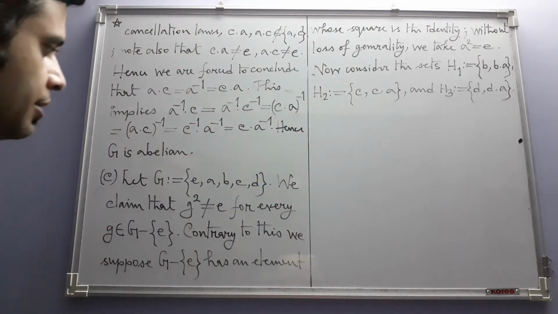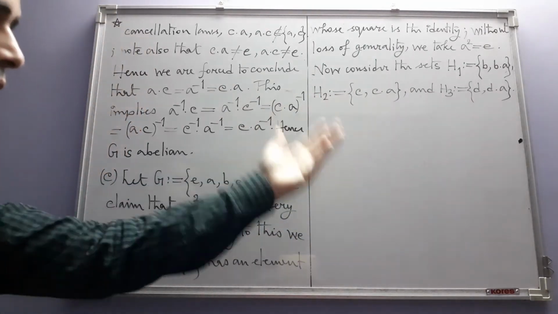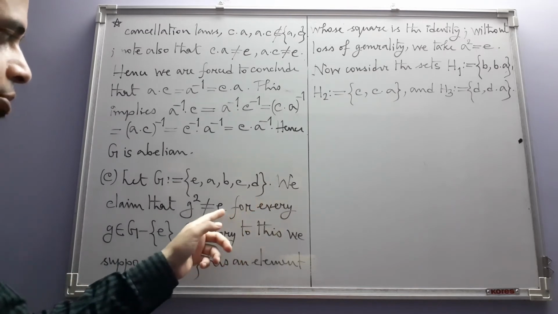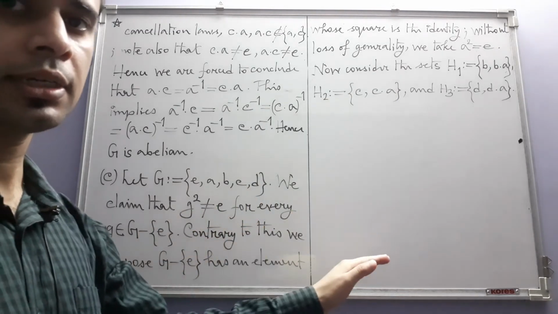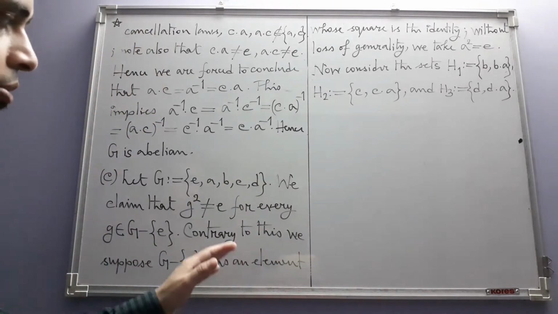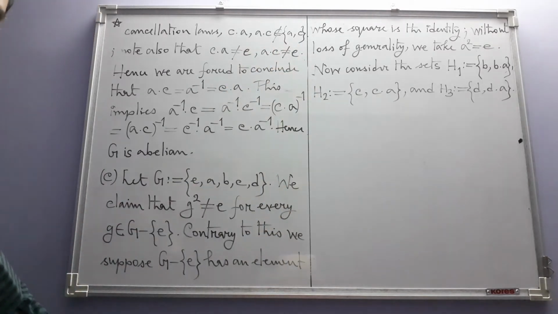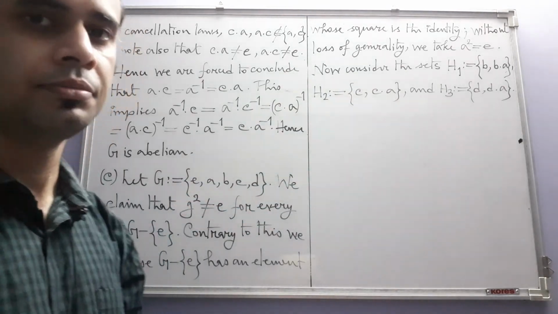Now suddenly we have considered 3 sets. Again, I am saying, if someone asks, how do you know that these things are to be claimed? The answer is, I did not know at the time I was starting this solution, but then after many trials, I came up with this idea.